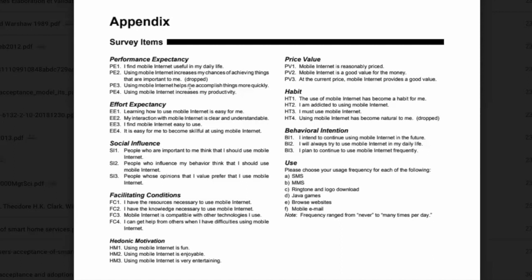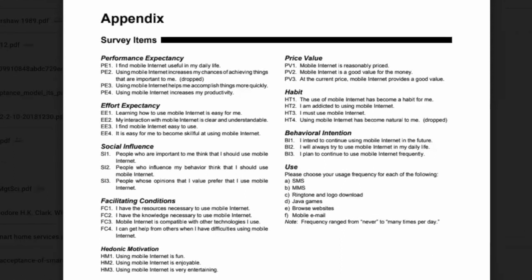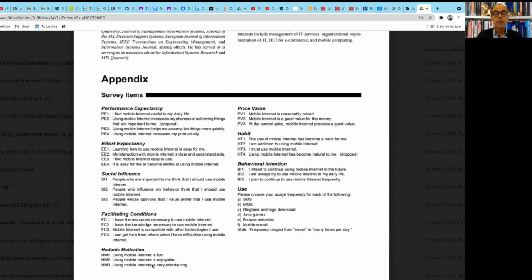Normally you should find the scales they use in the methodology part. Or they should have the scales at the end, in the appendix. And here are the scales: performance expectancy, 4 items, effort expectancy, social influence, facilitating conditions, hedonic motivation, is fun, enjoyable, and entertaining, habits, behavioral intention.